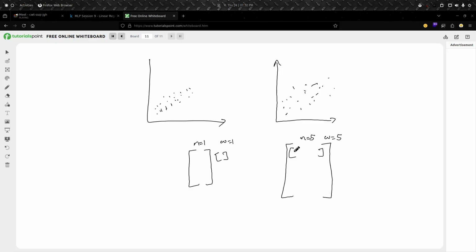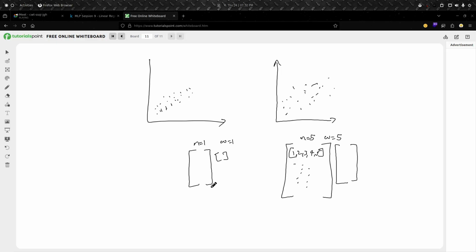For the first sample we have the value for the first feature, the value for the second feature, and so on for all the samples. And in the w parameter, the weights will be a vector or an array of weights, which will be something like this, and the shape should be the same, right?